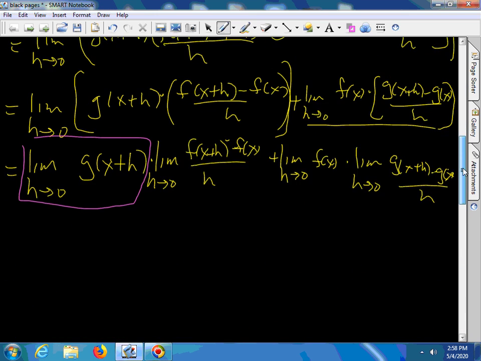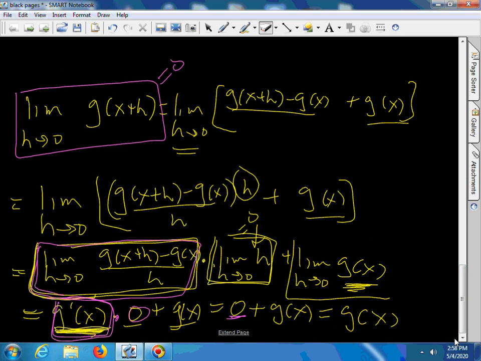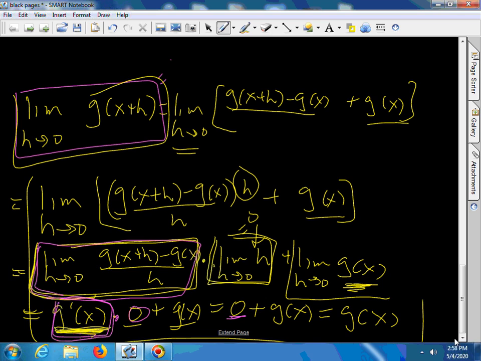Okay, so we come back up here and we say, oh, we just did this limit. It is 0. No. It is, so let's see what it is. I apologize. This limit, which we did all over here, we concluded is g of x. But that's only if it's differentiable.